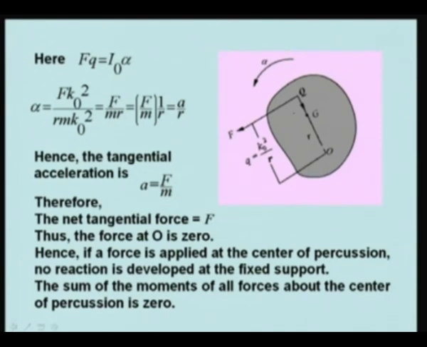If you take the moment about O, you will have F times Q is equal to I0 times alpha. That basic equation about O you have applied. So alpha is equal to F times Q by I0. Now we have the expression for Q, so it is F K0 squared divided by R, over m K0 squared, which is equal to F divided by m R, which is equal to F by m into 1 by R, and that means this becomes equal to A by R.